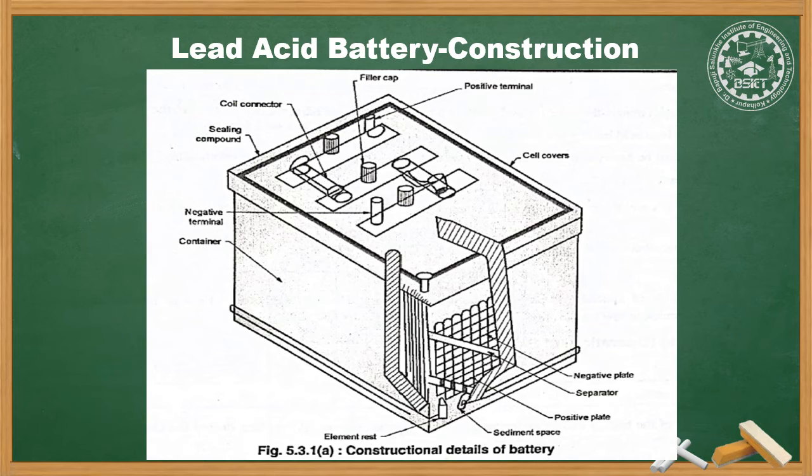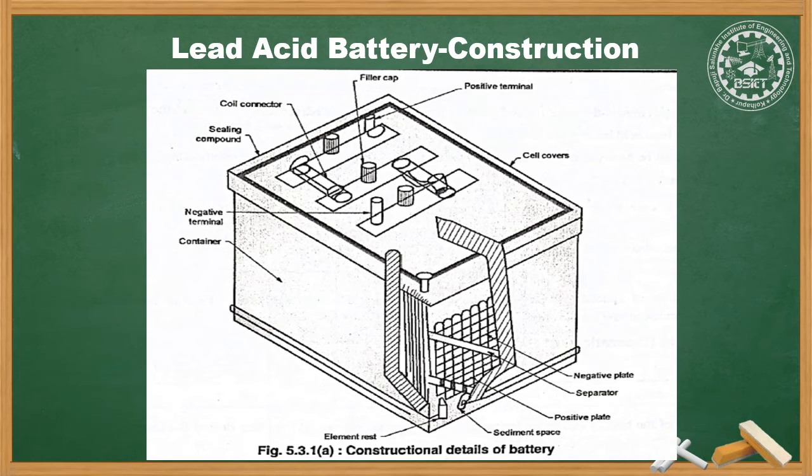Next is cell connectors. The connector straps connect the negative and positive terminal posts of a cell above the cell cover. Each cell of a lead acid battery produces 2 volts.